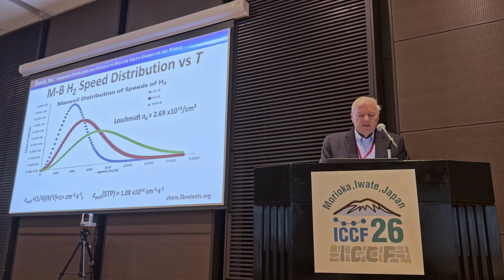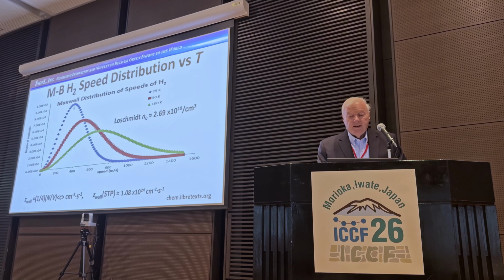Okay, here's the Maxwell-Boltzmann speed distribution for hydrogen. The blue line, these are all cold. The blue line is at 25 Kelvin, the red is 50 Kelvin, the green is 100 Kelvin. So if we're even at room temperature, we're down here, and the tail goes out considerably farther as the temperature heats up.